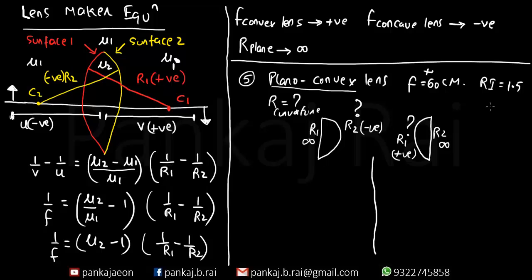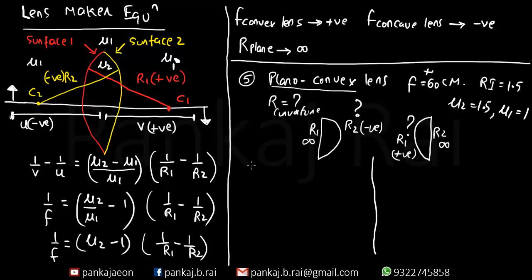Okay, and what about the refractive index? It is given as 1.5, and the refractive index of the other medium is not given, so let us consider that it is placed in air. So we will say that mu2 is 1.5 and mu1 is 1. Okay, so obviously we'll be using this formula.